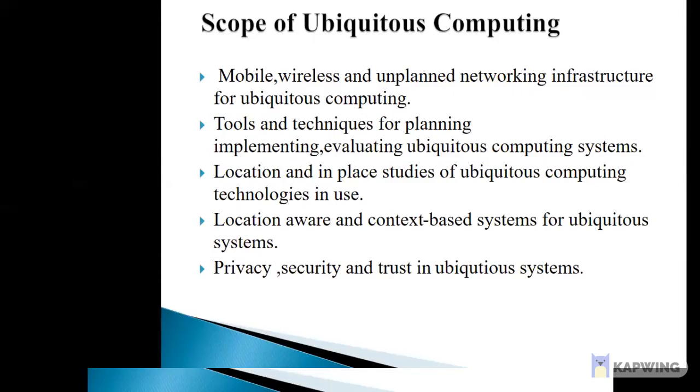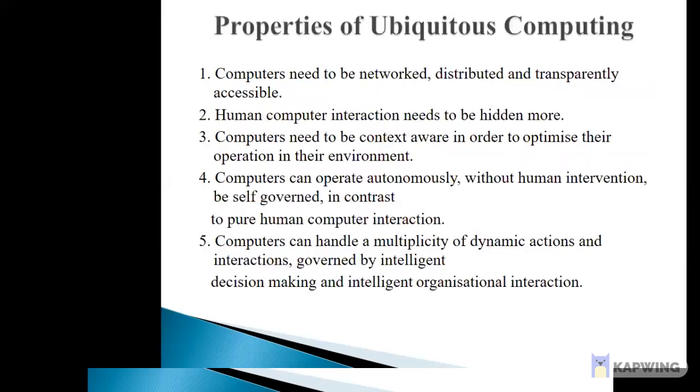Tools and techniques for planning, implementing, evaluating ubiquitous computing systems. Location and in-place studies of ubiquitous computing technologies in use. Then location aware and context-based systems for ubiquitous systems. Privacy, providing privacy or providing security and trust in the ubiquitous computing system.